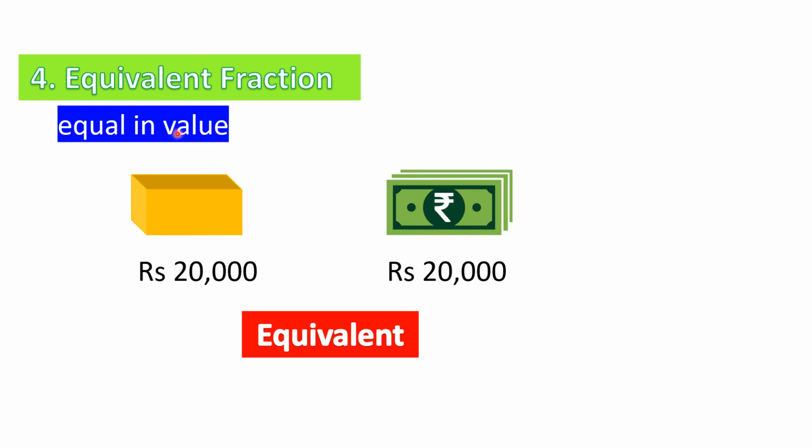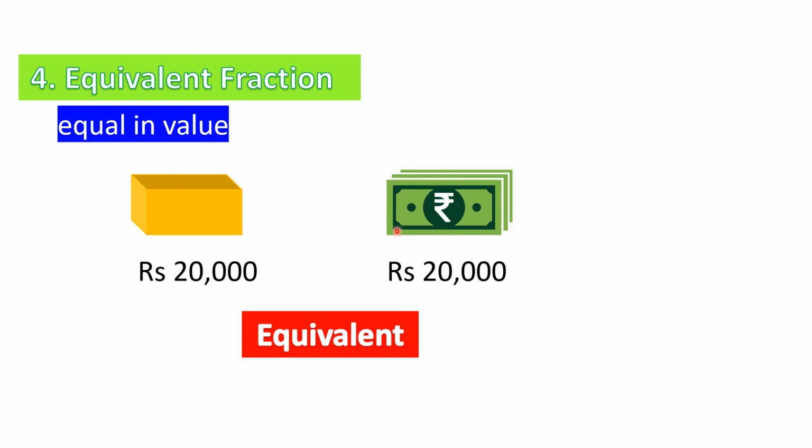Now to understand that, let's take a gold block. Suppose you have a gold block in your hand, and that gold block costs 20,000. Now in another hand you have money, and that money also is 20,000. So the value of this gold is 20,000 and the value of this money is 20,000 as well. The values are the same, but the commodities or the objects are different.